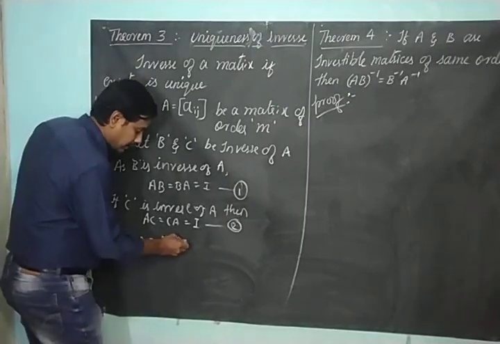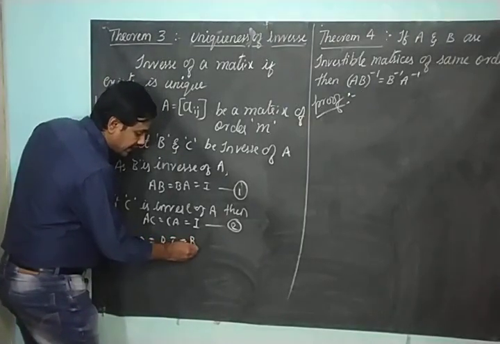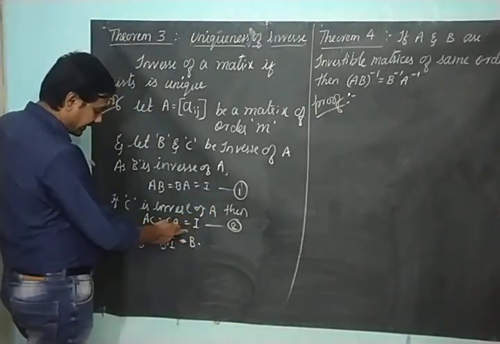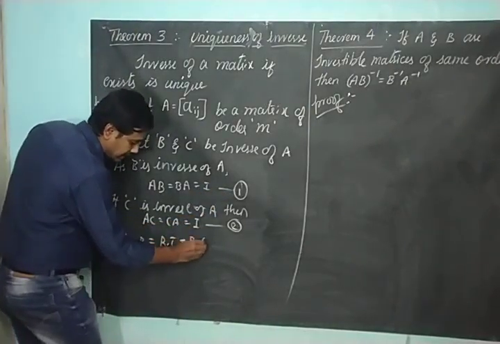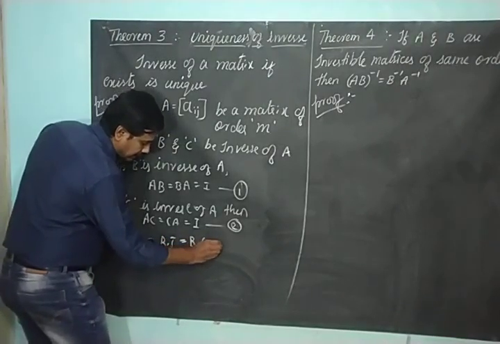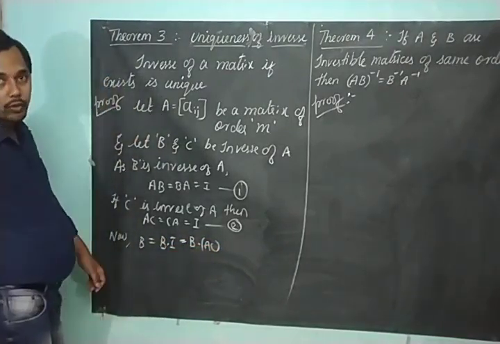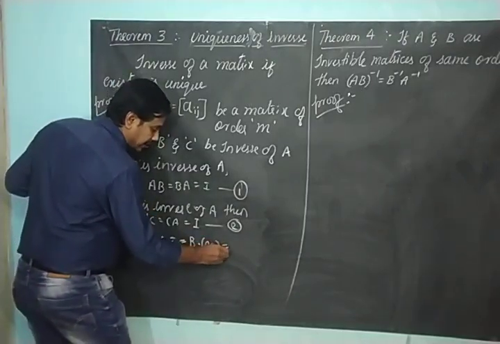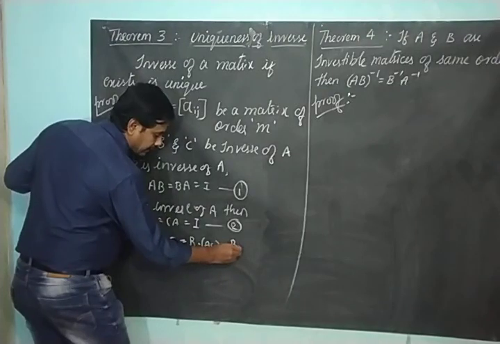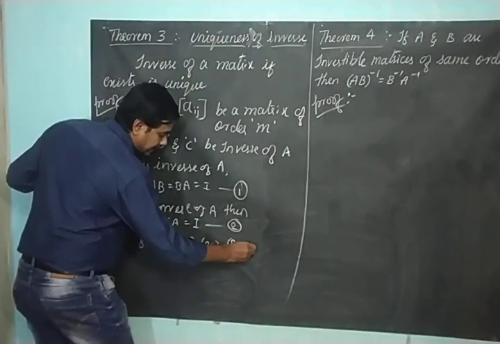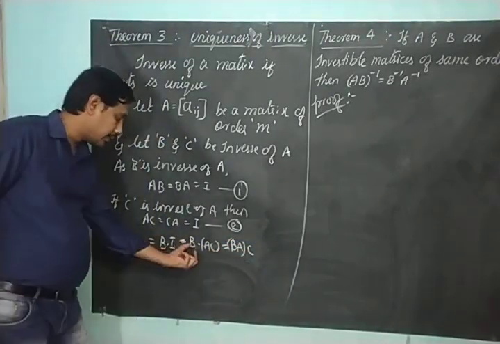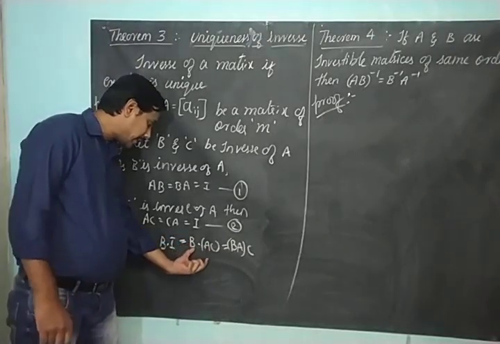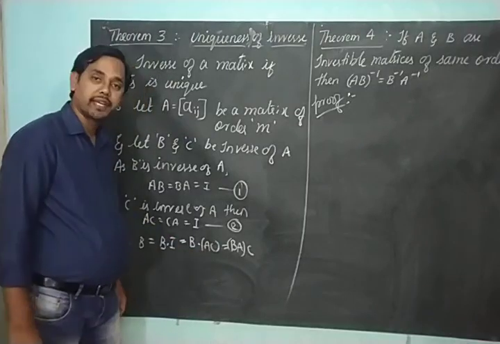But what is B into I? From equation 2, I can write I as equal to AC. This can be written as B into A into C. The bracket can be shifted, this is the associative law. So the bracket can be applied to B into A and C can be kept outside.